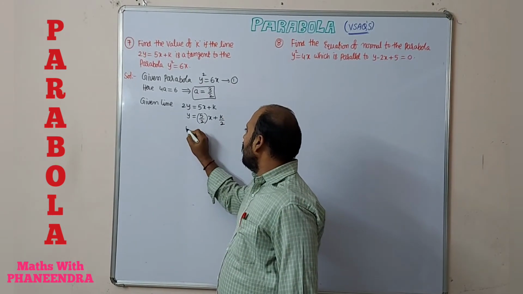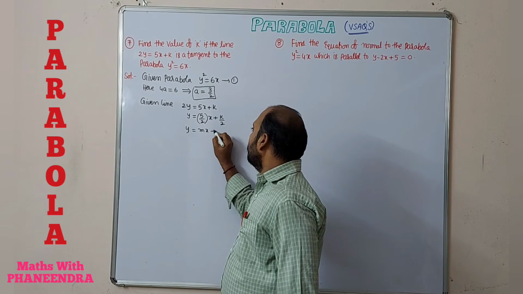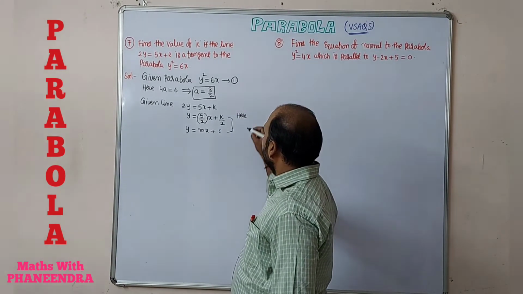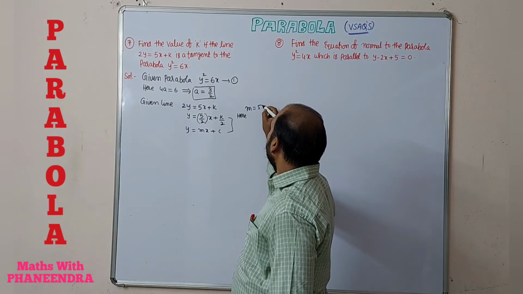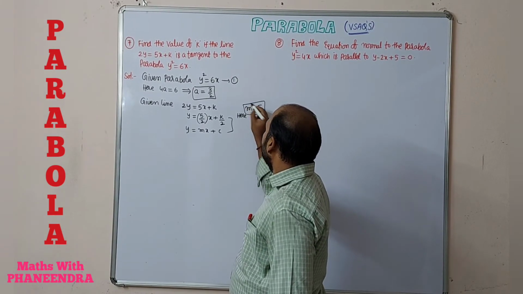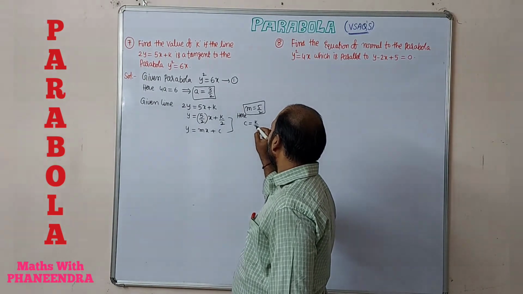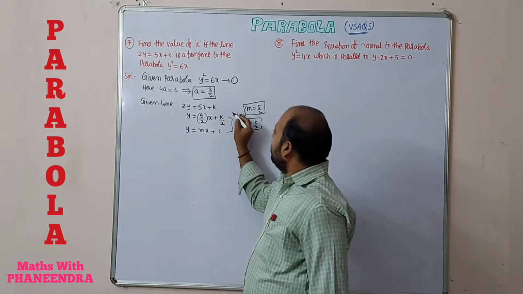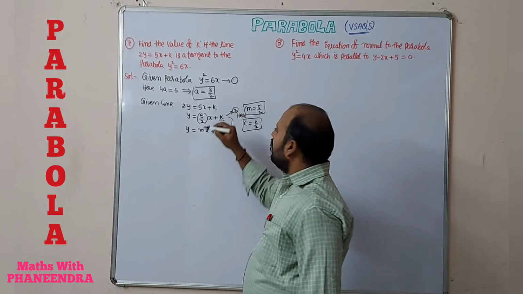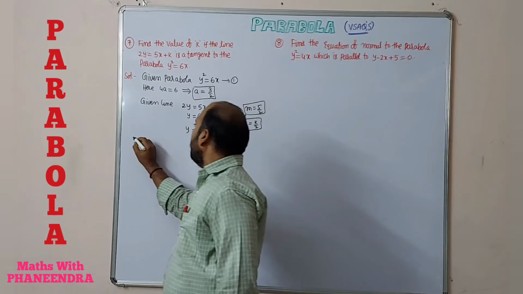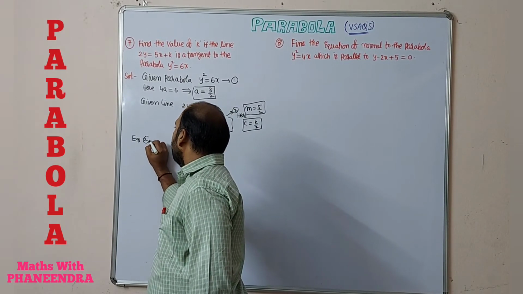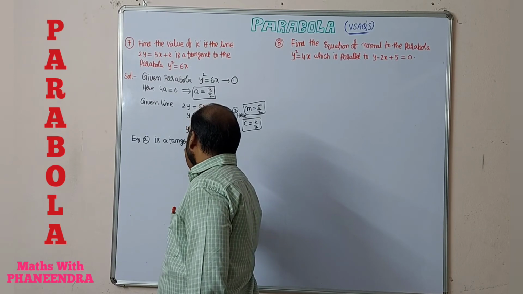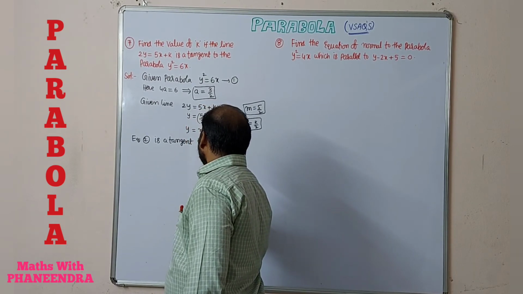Compared with y is equal to mx plus c, here m is equal to 5 by 2 and c is equal to k by 2. The line, equation number 2, touches equation 1, or equation 2 is a tangent to equation 1.